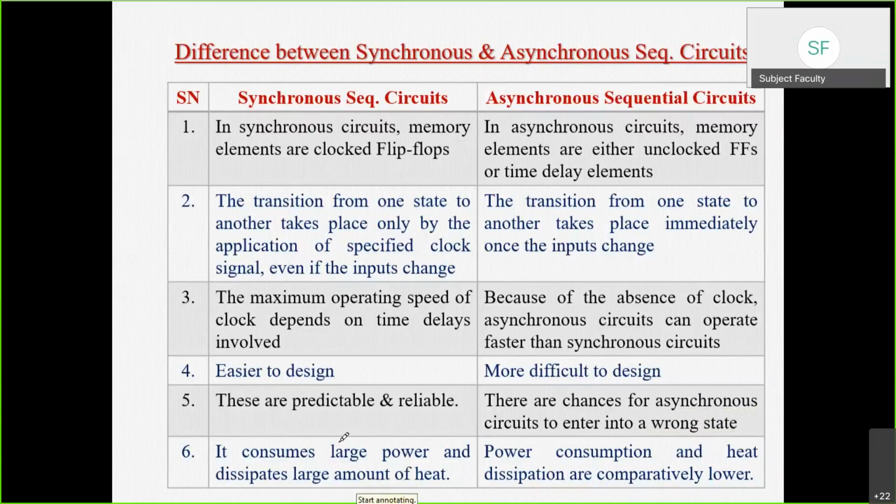Then the last point is that synchronous sequential circuits consume large power and dissipate a large amount of heat as compared to asynchronous sequential circuits, whose power consumption and heat dissipation are comparatively lower. So these are very important differences between synchronous and asynchronous sequential circuits. You have to remember all these differences.